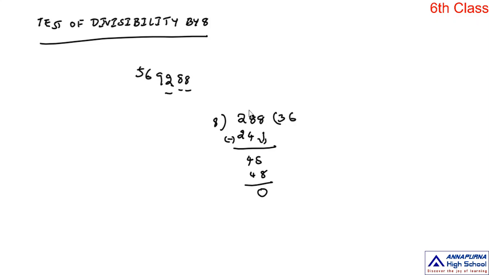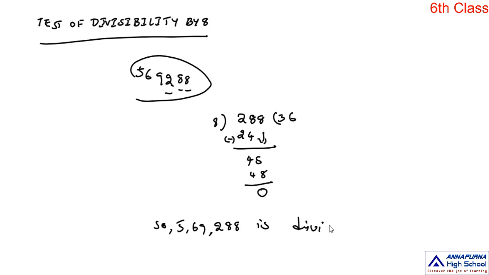Here 288 is divisible by 8. The given number 5,69,288 is also divisible by 8.